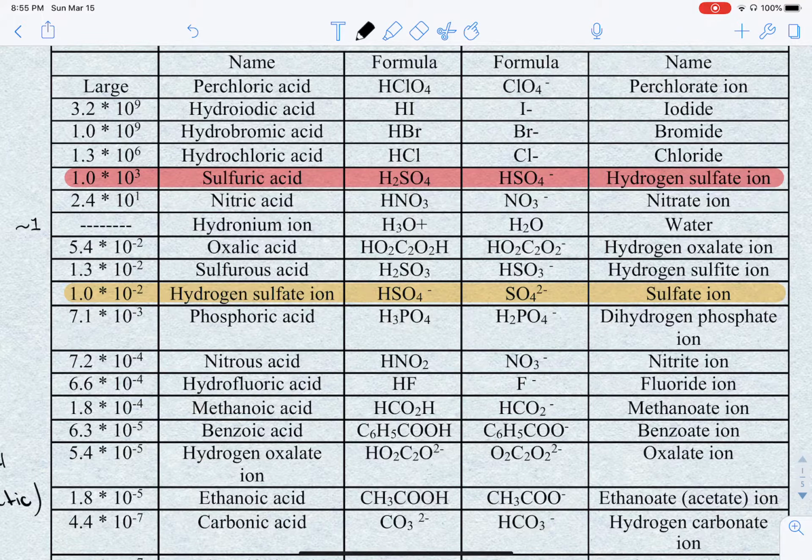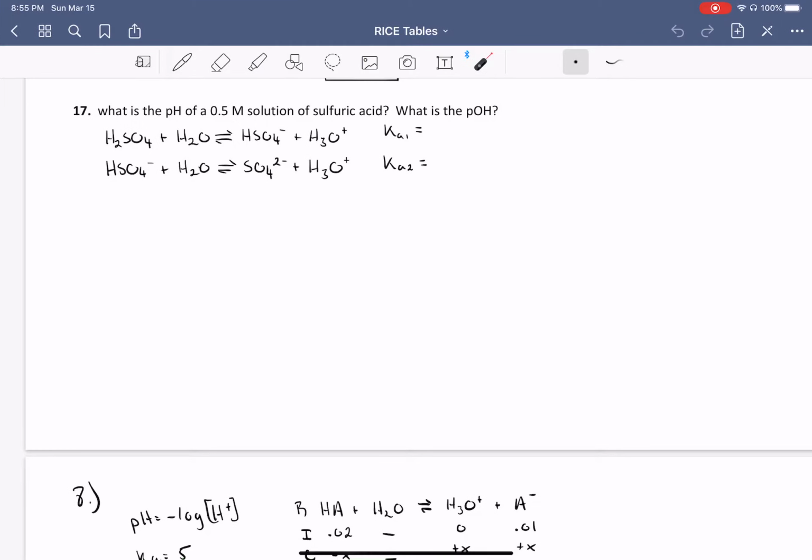And for the first proton leaving, we find the Ka value is 1 times 10 to the third, and the second Ka value is 1 times 10 to the negative second. So we'll write that right here. 1 times 10 to the third and 1 times 10 to the negative second.